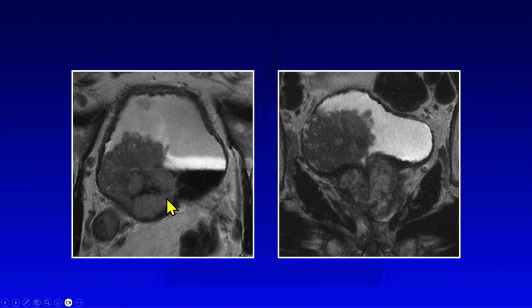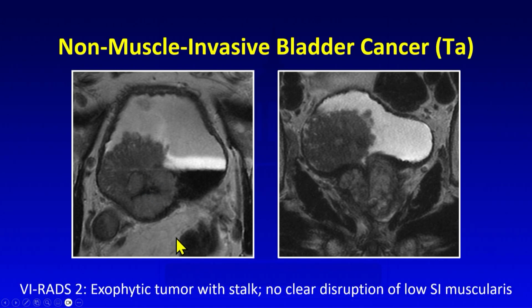Even though the tumor is rather large, we can appreciate that this dark line looks preserved. It doesn't look like there's really any tumor extension into the dark line. And also centrally here, we can appreciate perhaps a stalk. So with those features, we would call it a VI-RADS 2 lesion.